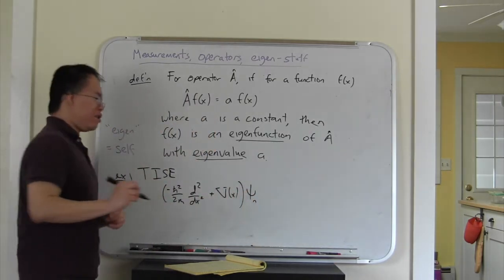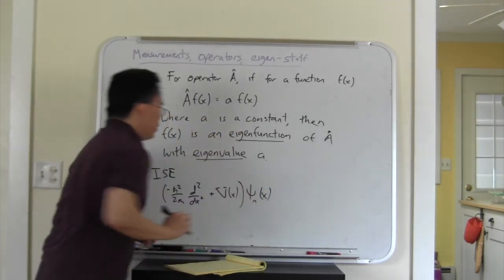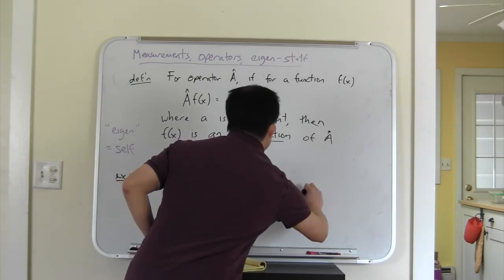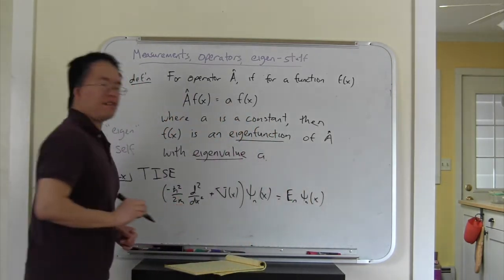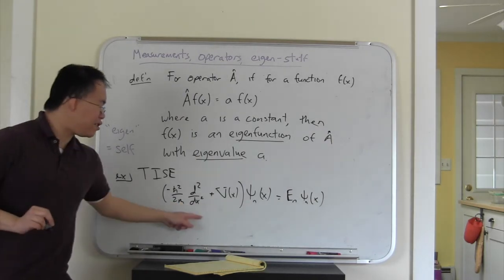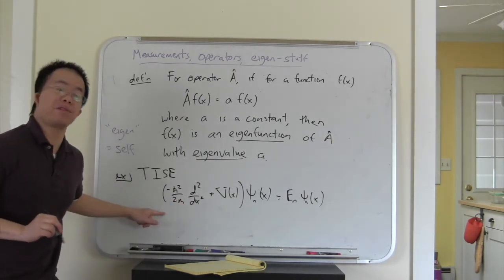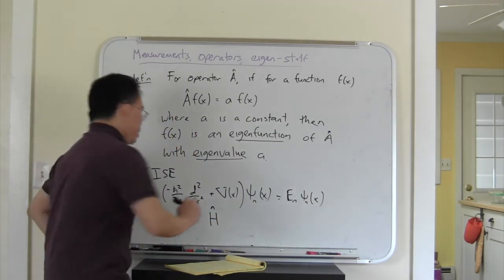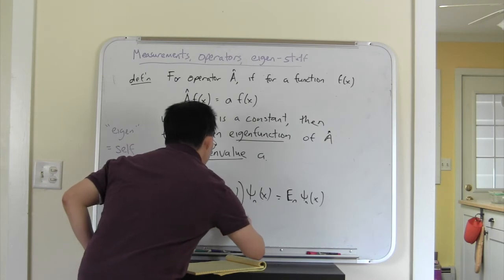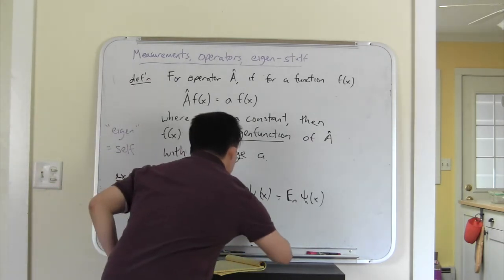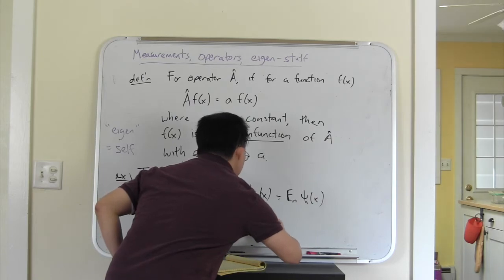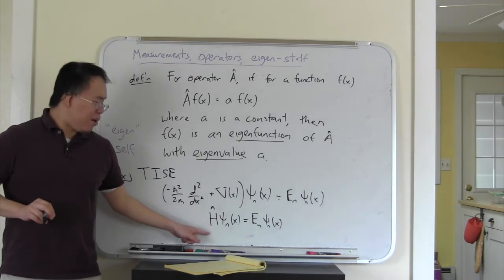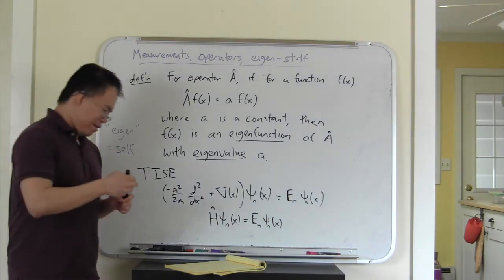I'll label it as psi sub n, because the solutions are the stationary states, equals E n psi n of x. But as we just said, this is none other than my Hamiltonian operator. So I can rewrite this as the Hamiltonian acting on stationary state psi sub n equals E n psi n of x.